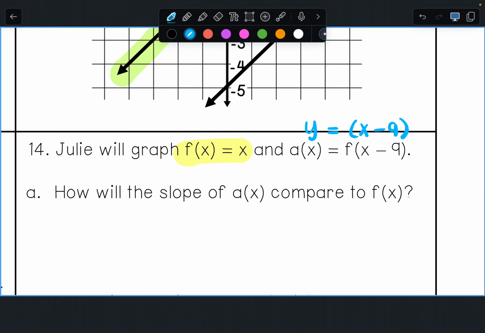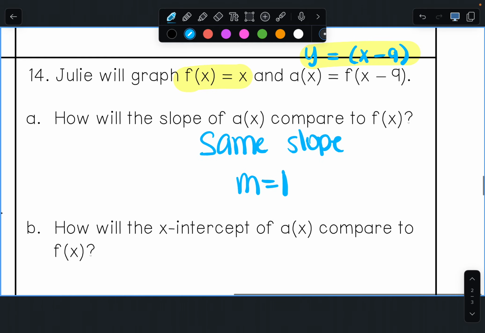Now that we can look at this equation, did we do anything to the slope? No. Same slope. What is the slope? Yeah. If you don't change the slope, it's going to be a 1. But a -9 tells me that the x-intercept is what?